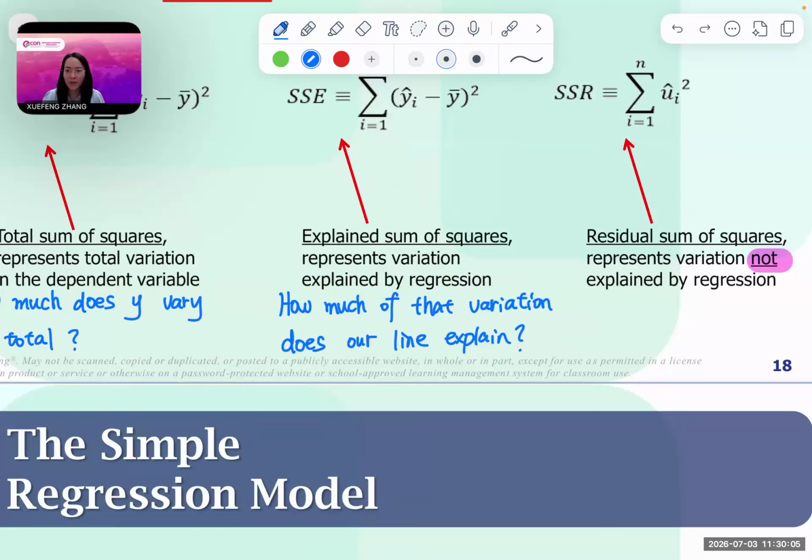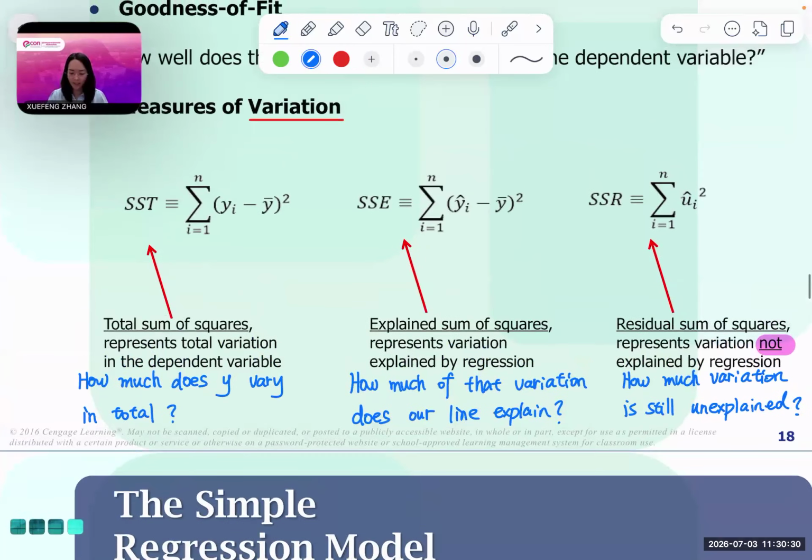Here is how much variation is still unexplained. So we have SST, total sum of squares, SSE, explained sum of squares, and SSR, residual sum of squares.